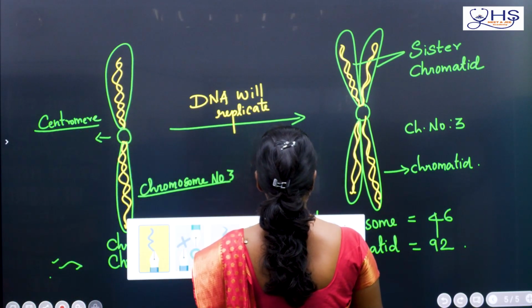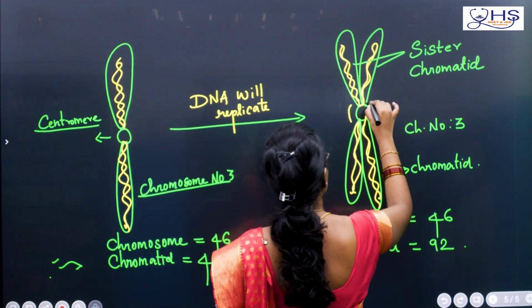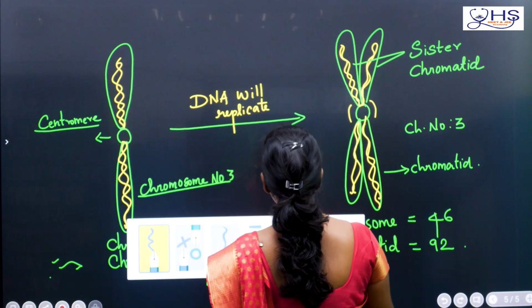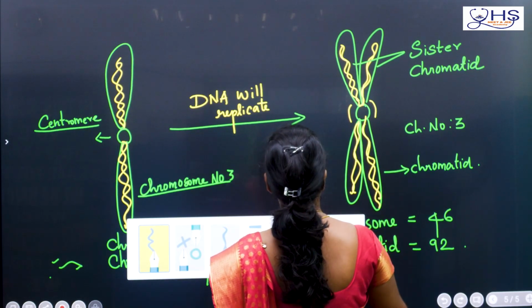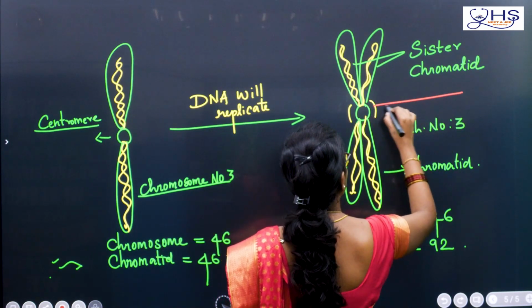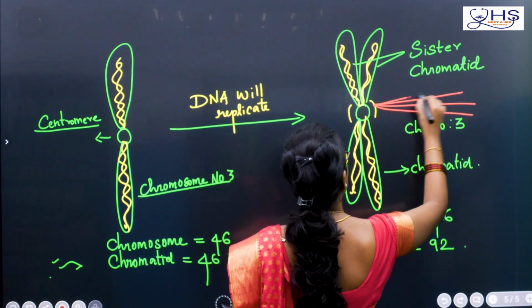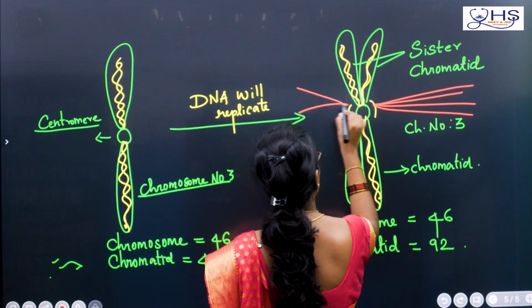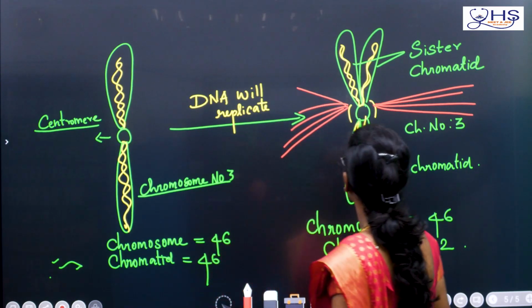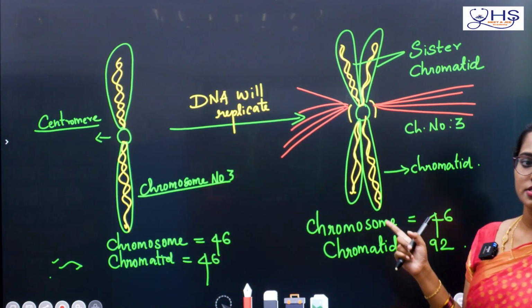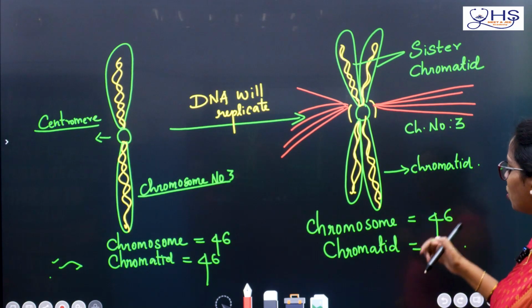During cell division, what will happen? The kinetochore structure is used to pull apart the chromosomes. These structures are called spindle fibers. During the cell division, what will happen?